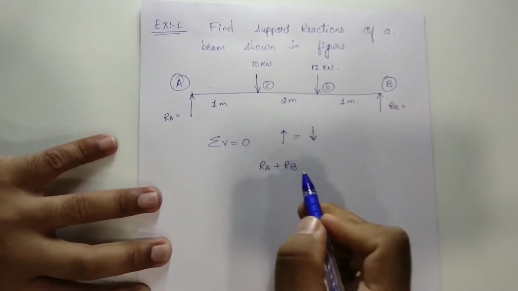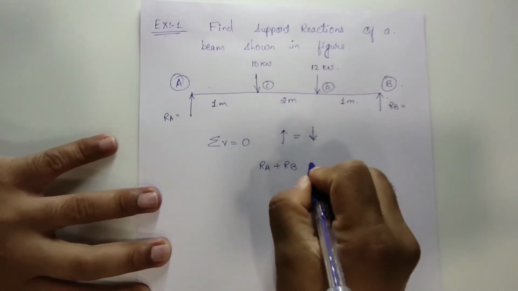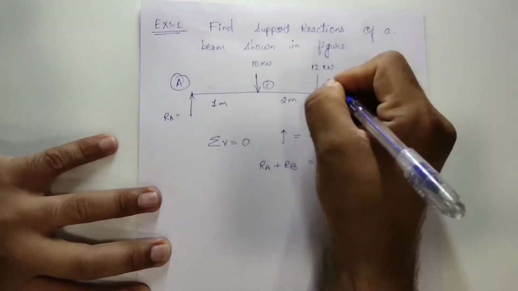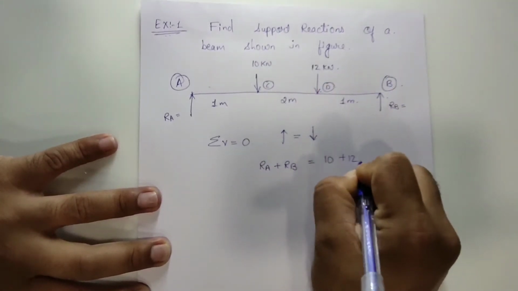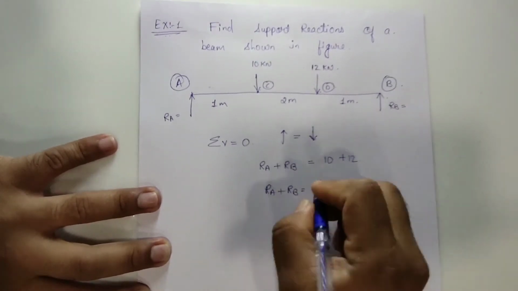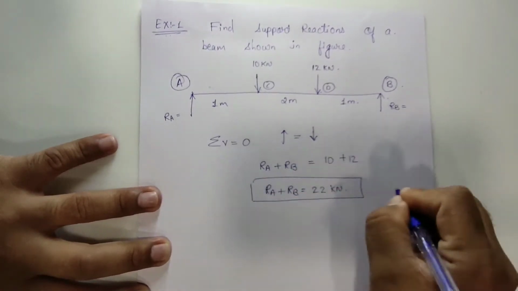These are the support reactions in the upward direction, and they are equal to the downward loads 10 and 12. So RA plus RB is equal to 10 plus 12, which is 22 kilonewton. This is my equation number 1.